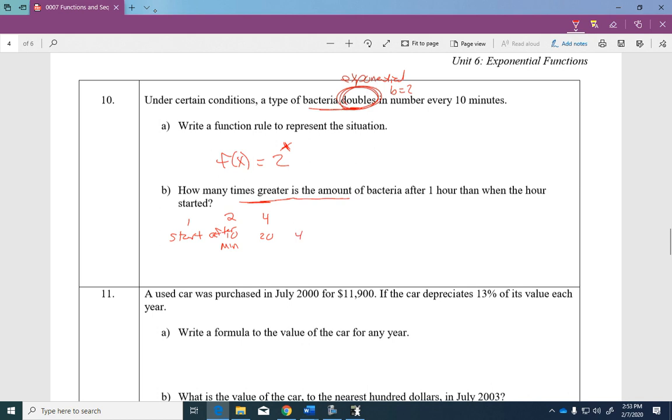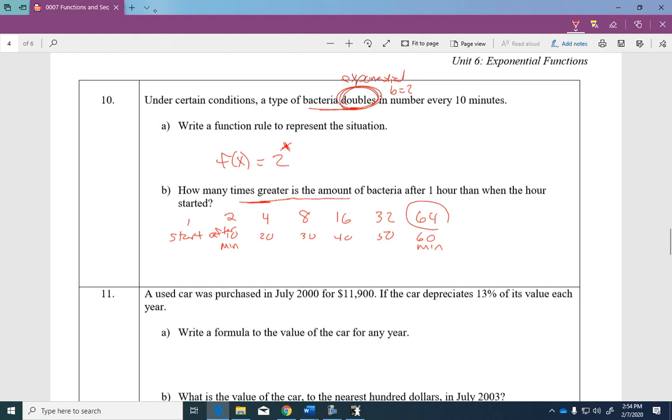After 30 minutes, 40 minutes, 50, 60. I'm going to 60 minutes because 60 minutes is an hour. It's doubling each time, so this is 8, 16, 32, and 64. The question is, how many times greater is the amount of bacteria after 1 hour?